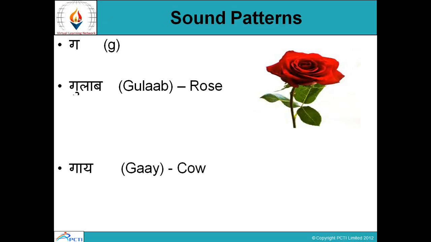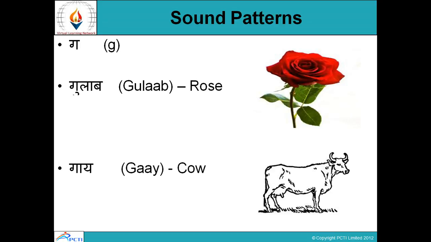Next is gulab, the beautiful flower. Rose, sign of love. Gulab is usually liked by people, and it has a very nice smell, a very nice fragrance.